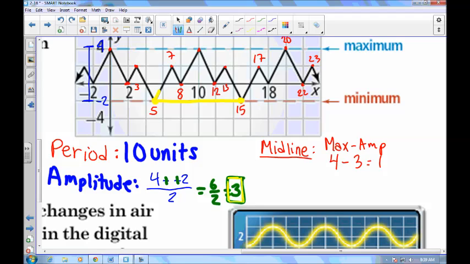But how come 1 is not correct for the midline? Line. Thank you. It needs to be an equation. 1 is not an equation, 1 is an expression. How do we make it an equation? Y equals 1. Okay, so this is your dotted line. I was getting ahead of myself. So here at 1, which would be right here, because we're counting by 2s, here would be 1.